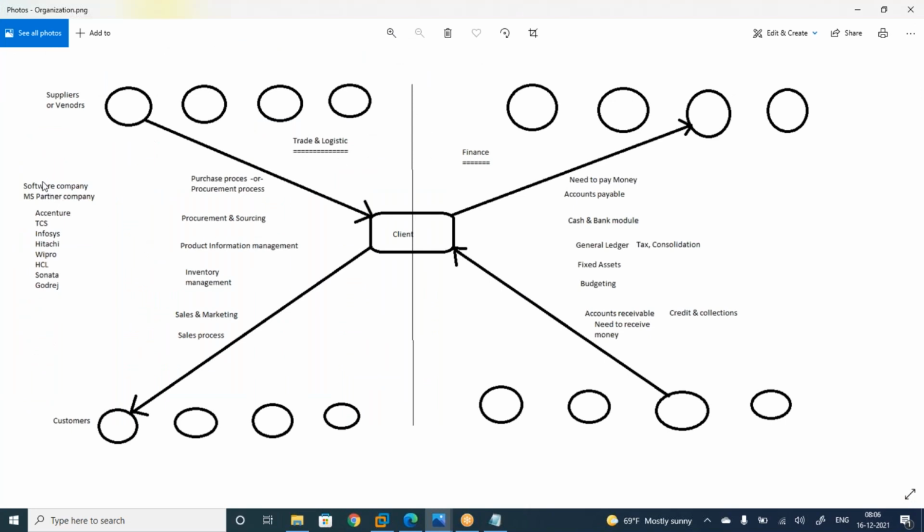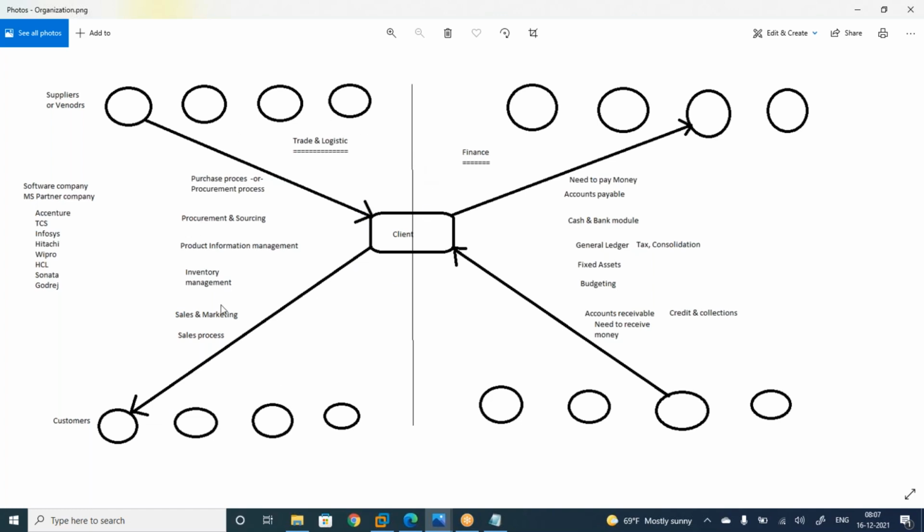So organization, just recap. Even though you are working in a software company, you need to imagine you are running your business. And simply you are purchasing material and you are selling material.